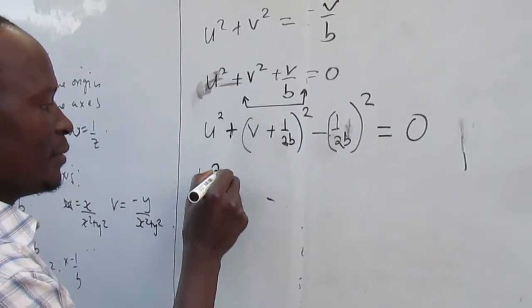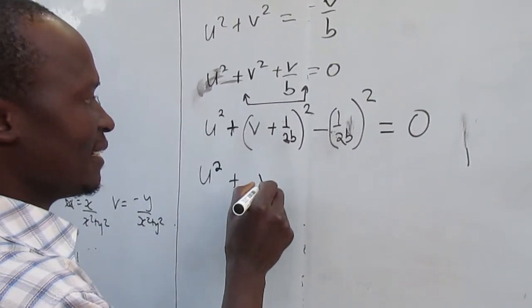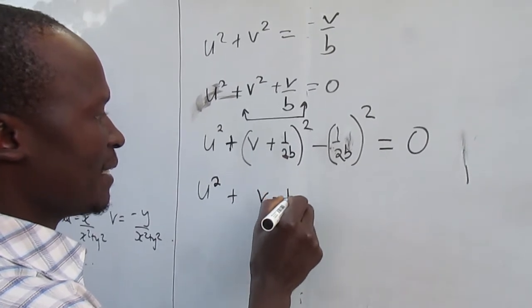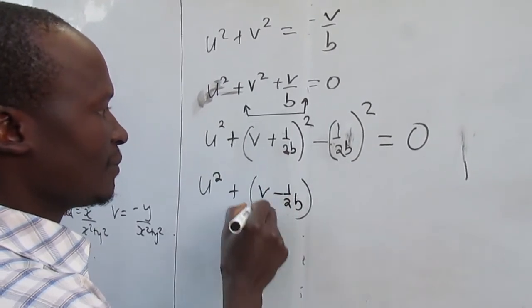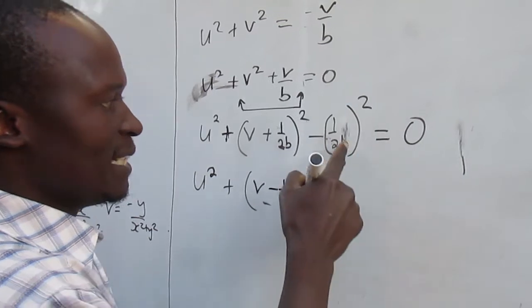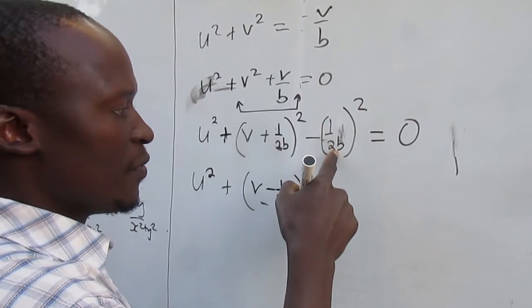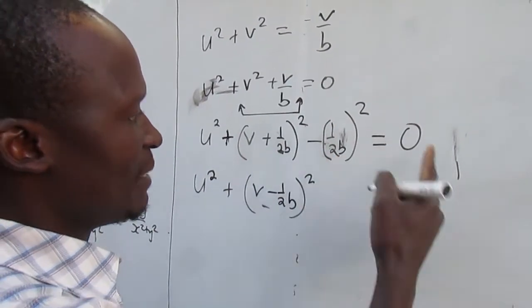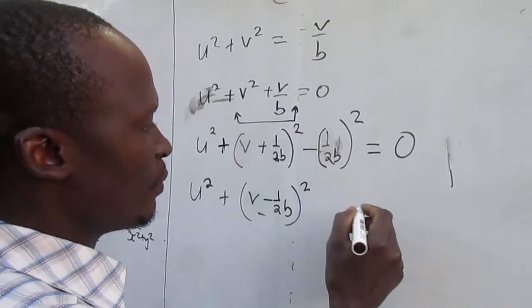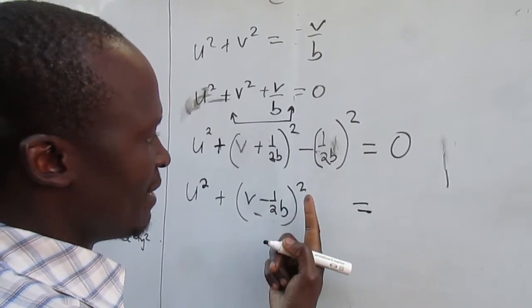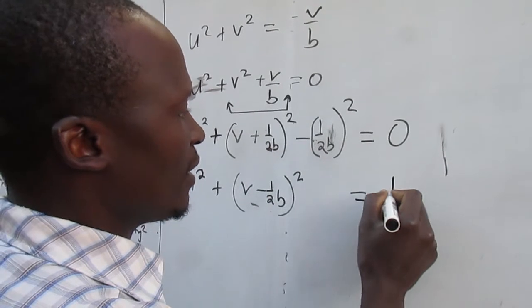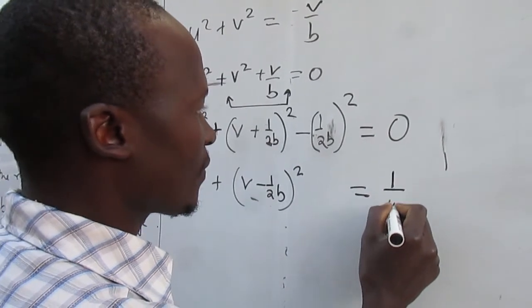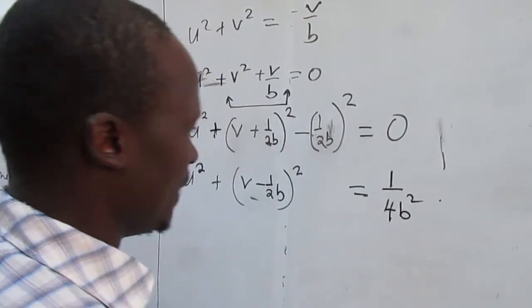So this means that I have u squared plus v minus 1 over 2b, squared. If I square this, I'm going to get 1 over 4b squared, and if I add 1 over 4b squared on both sides, I'll have 0 on this side and 1 over 4b squared.